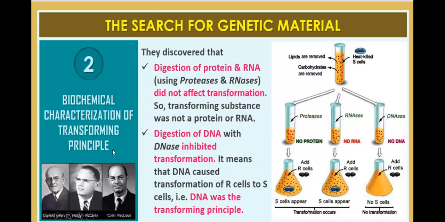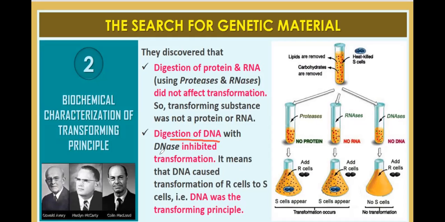These three scientists discovered that digestion of protein and RNA using protease and RNase did not affect transformation. When they used protease and RNase, there was still transformation taking place. So the transforming substance was not a protein or RNA.